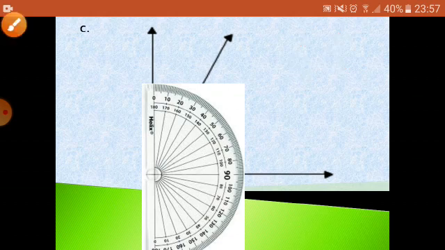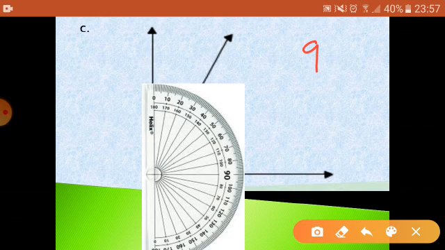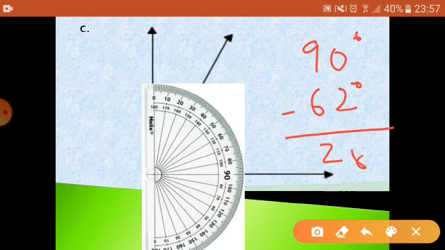So what I am supposed to do, I am going to subtract this 62 degree from 90 degree. What is my remaining angle? 28 degree. So that means definitely the value of x will be 28 degree in this case.